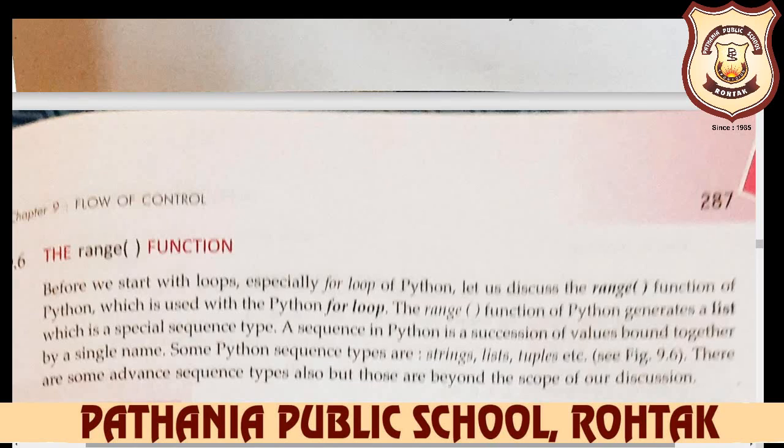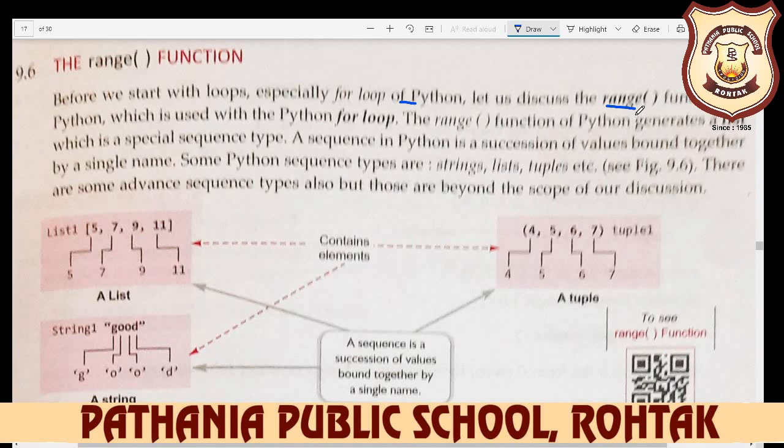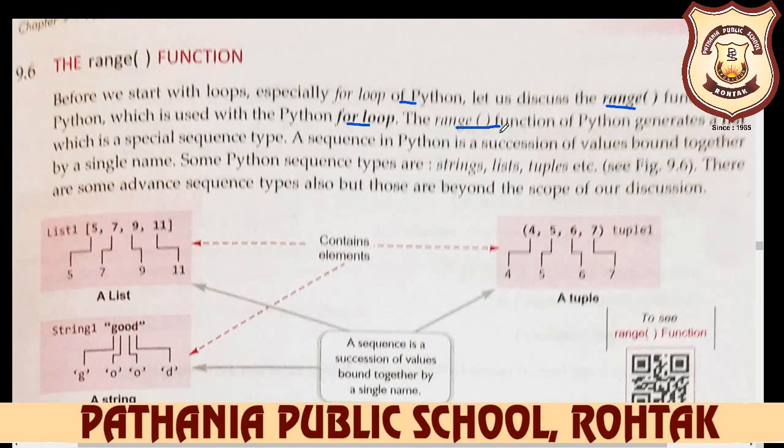Before we start with loops, especially the for loop of Python, let us discuss the range function of Python, which is used with the Python for loop. The range function of Python generates a list, which is specially a sequence type. When we need a for loop, then we need the range function also.